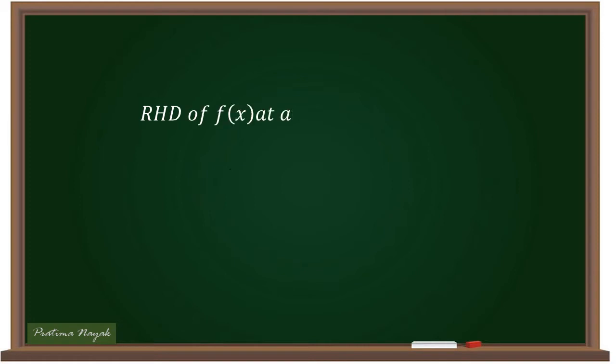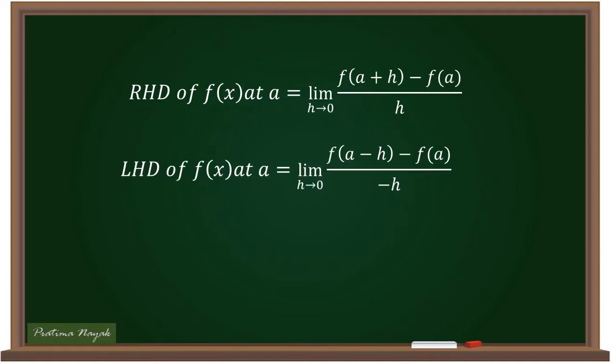So the right hand derivative of f(x) at a is limit of f(a plus h) minus f(a) by h, and the left hand derivative of f(x) at a is f(a minus h) minus f(a) by minus h. And if these two are equal, we say the function is differentiable at x equal to a.